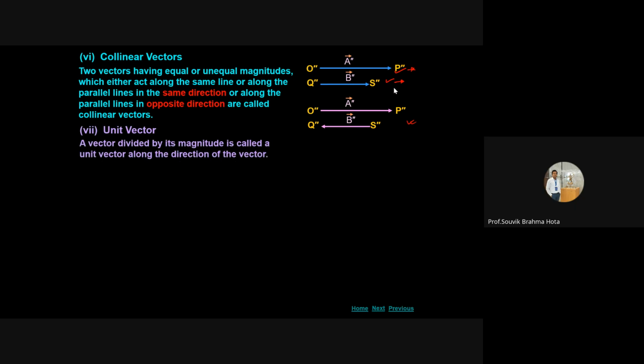Now unit vector: a vector divided by its magnitude is known as a unit vector. Suppose I write the unit vector of A like this, that would be vector A divided by the mod of A. You can consider if A is 2i plus 3j minus k, this is the vector. So what will be the unit vector of A? First you write the vector 2i plus 3j minus k, and then the scalar, meaning the modulus.